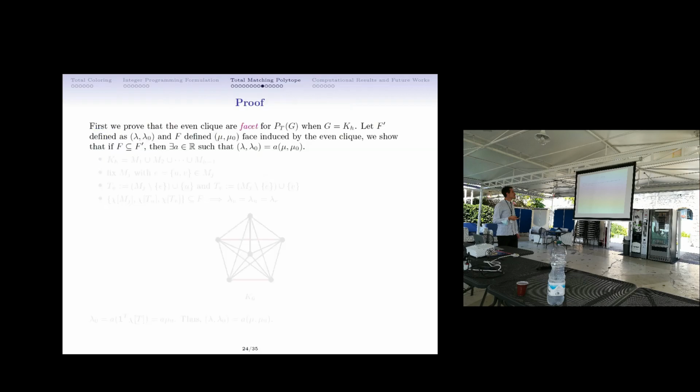We have a sketch of proof. For the first part, we can see that the even clique is facet defining when G is itself the complete graph. By contradiction, we can say that the face induced by the even clique is contained in the face of another one, and so we can prove that the face F prime is a scalar multiple of the even clique one.